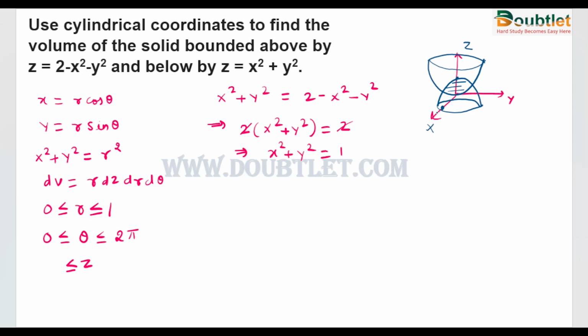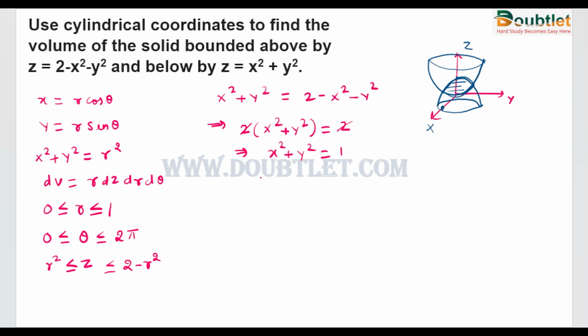So for the value of z, we will first convert this paraboloid into cylindrical coordinates, and we will use this paraboloid also. So x square plus y square is equal to r square. So the limit of z varies from r square to 2 minus r square.